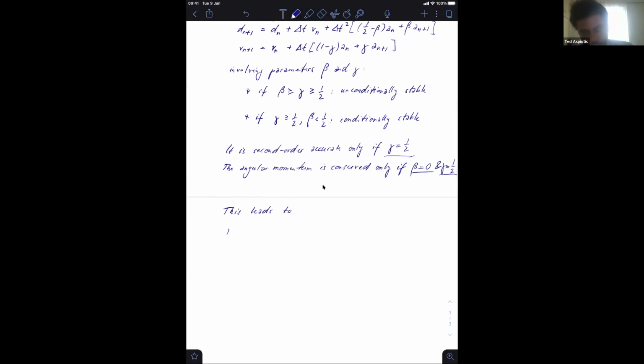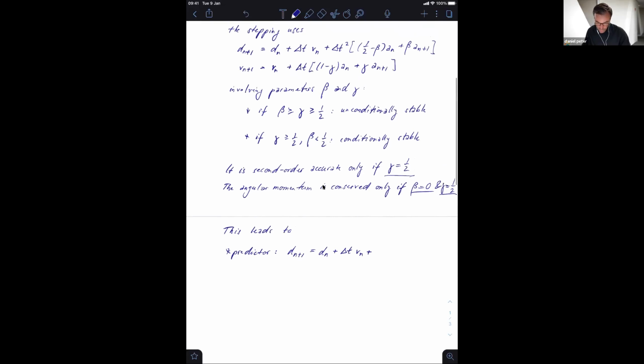So we have this predictor step. At the very beginning of the time stepping, what we use is this prediction of the displacement step, where we use now our choice for beta.